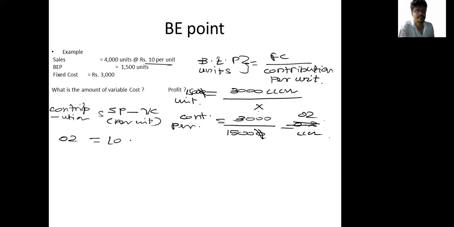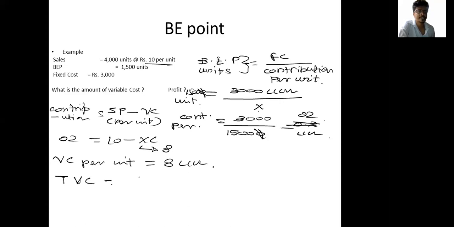Selling price has been given as 10, but we don't know the variable cost, so we can get the value here. It should be 8. What is the variable cost per unit? 8 rupees. Then the total variable cost is 8 into 4,000, that means 32,000.